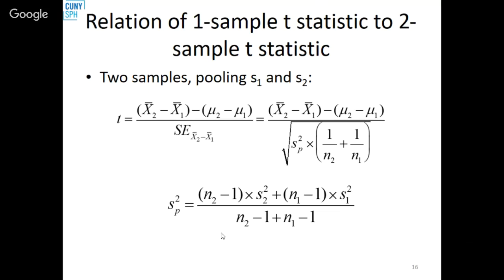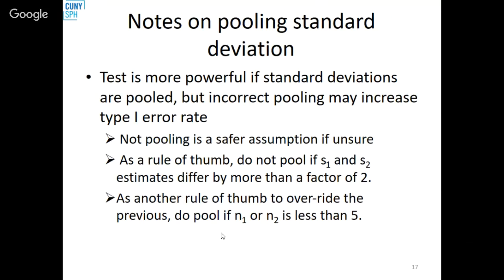I'll tell you a little bit about making that decision between the pooled or the not pooled standard deviation. Essentially, when you pool the standard deviations, you're making the assumption that that standard deviation is the same in the two populations. And the test will be more powerful if that assumption is true.